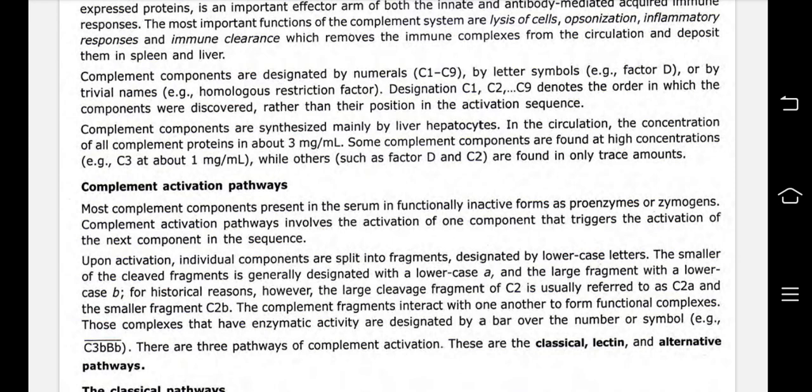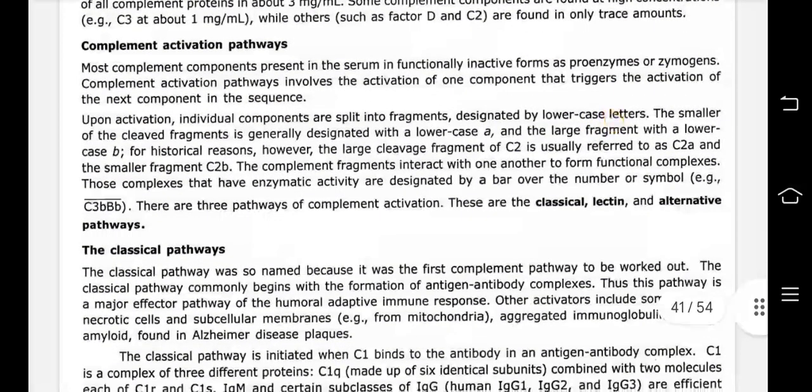Then complement activation pathways. Most complement components present in serum are in functionally inactive forms as proenzymes or zymogens. Complement activation involves the activation of one component that triggers the activation of the next component in the sequence. Upon activation, individual components are split into fragments designated by lowercase letters.